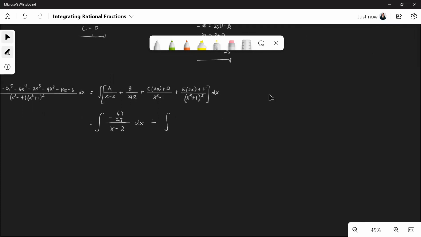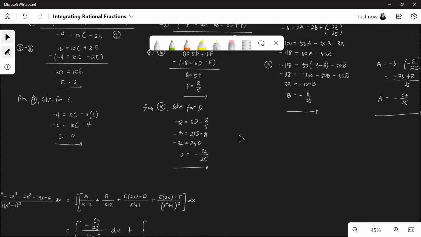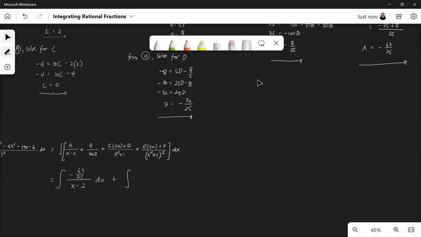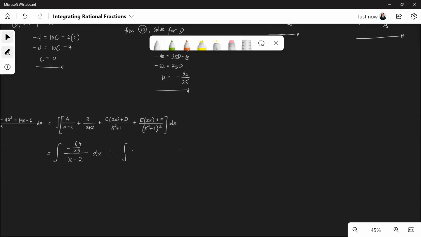Then B is negative 8 over 25, all over x plus 2. So no problem with the first two terms; we can easily integrate those. Plus C is 0. So D is negative 32 over 25, so it boils down to negative 32 over 25 over x squared plus 1.